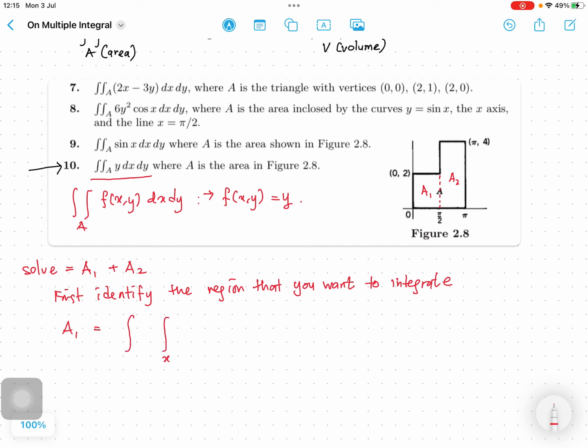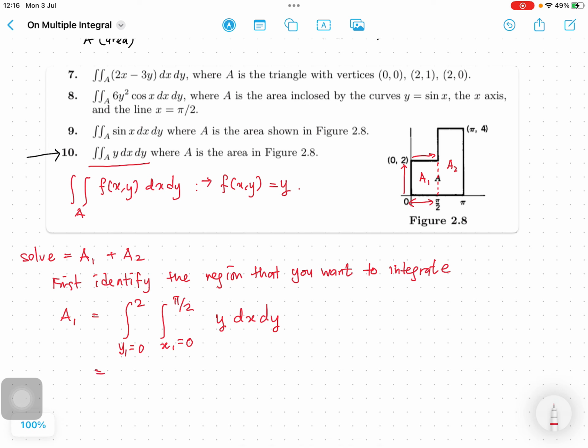So you have x1, y1 perhaps. So look here. Your x1 starts from 0 to pi over 2. Your function is y, dx dy. y from 0 to 2. This is 2.